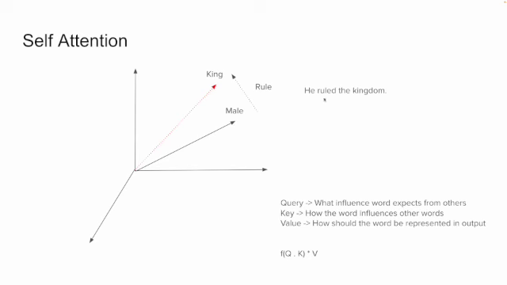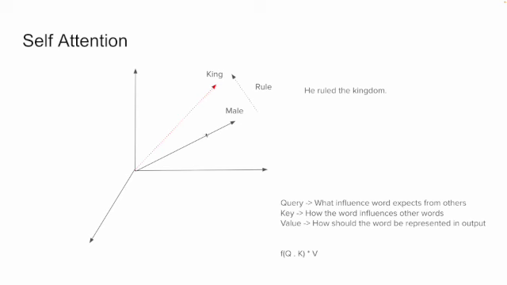But we get other information, for example from the verb ruled, which tells us that he is the king that is being referred to. And the whole idea of self attention is to use this information from ruled, and move the he vector slightly towards the king location, and that is the destination we want.